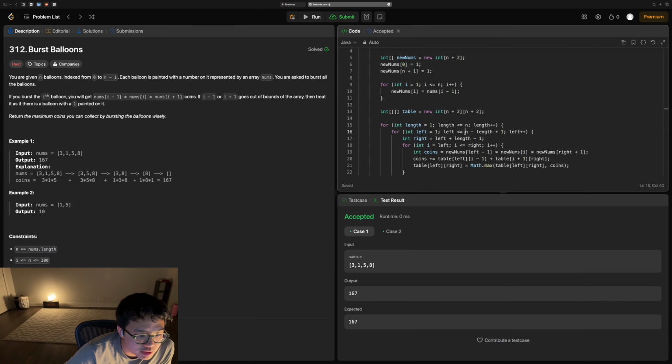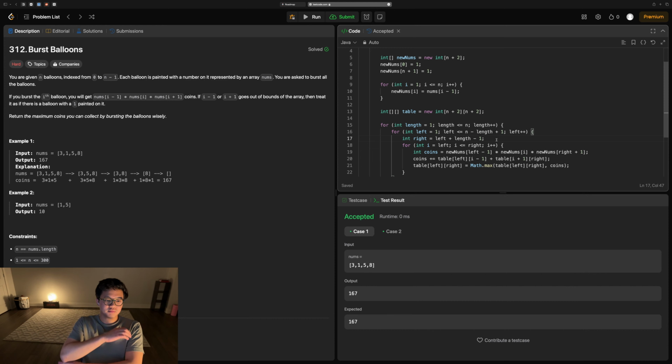Or it won't run the last iteration because it'll be like 3. Interesting.